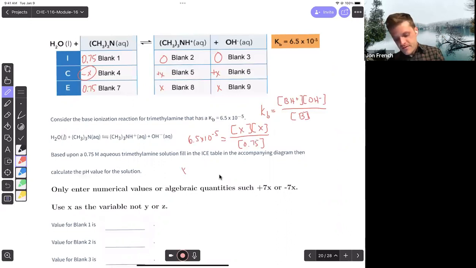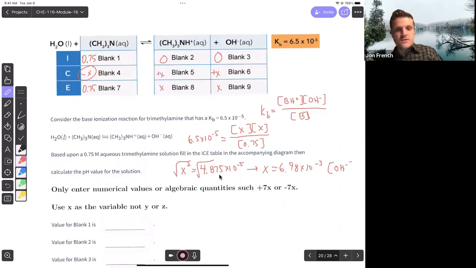Multiply both sides by 0.75, we're going to get X squared. So 6.5 times 10 to the minus 5 times 0.75 is 4.875 times 10 to the minus 5. Square root of both sides is going to give us X. So I get x equals 6.98 times 10 to the minus 3.